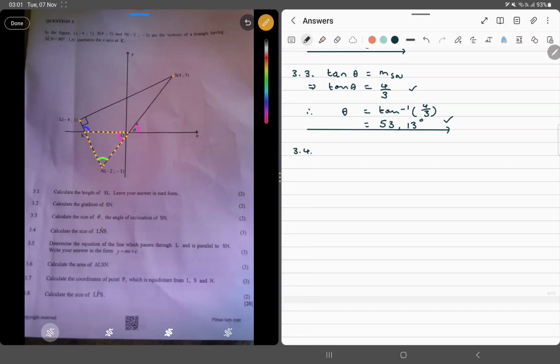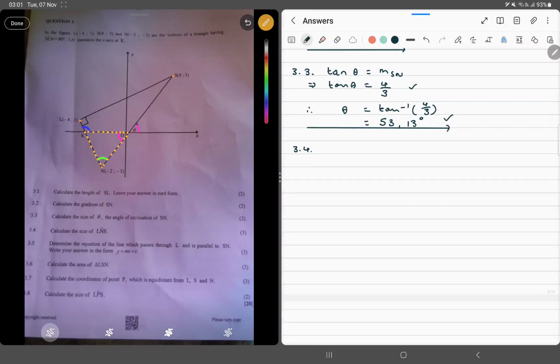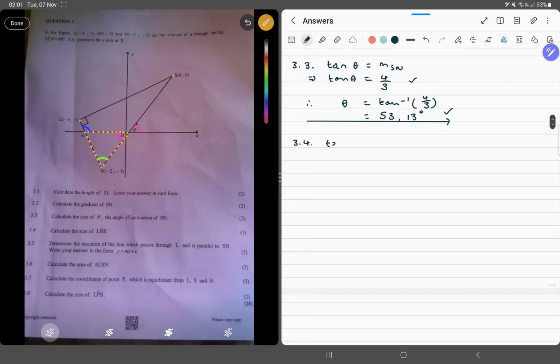So we can simply say, essentially, tan, what is that angle? LKO is going to be equal to the gradient of LN. That is its angle of inclination. We can see that this implies that tan LKO is equal to, at this point there's no need to waste time trying to write formulae.